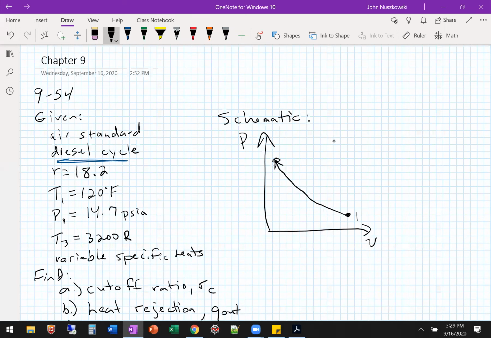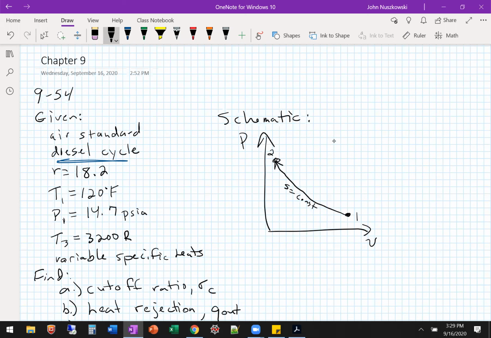State 2. Okay, so we have low pressure, low temperature at state 1, the highest volume. We've ended the intake stroke, and we're right there, state 1. Now we isentropically compress it, so our entropy is constant during that process.